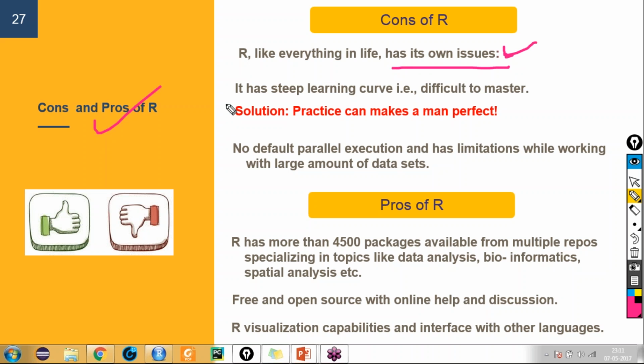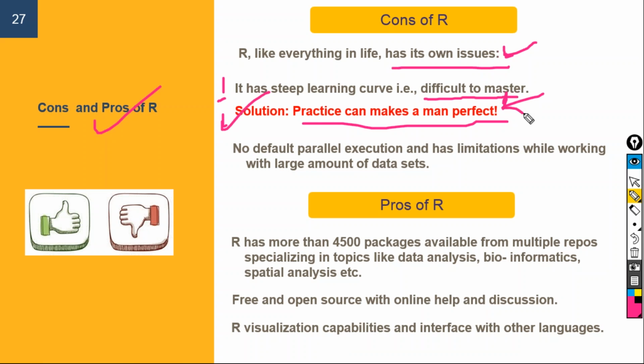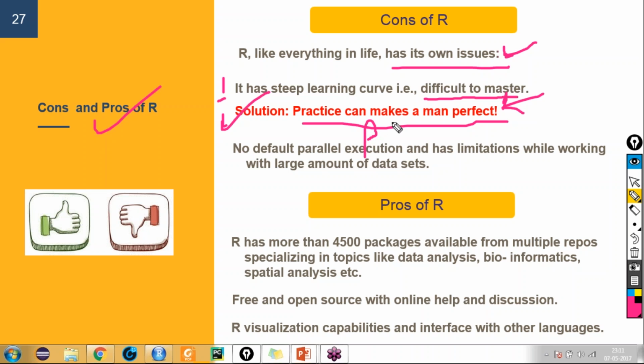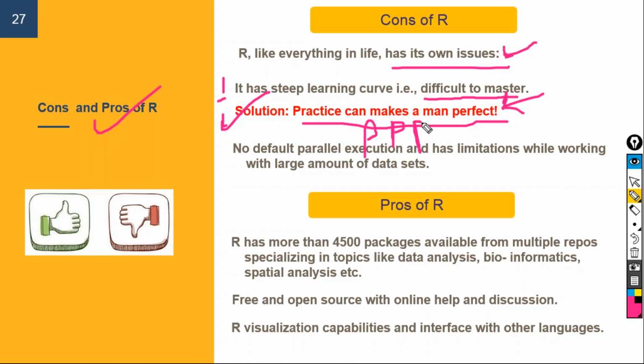In the same way, the first con is that R has a steep learning curve that is difficult to master. But here is the solution. What is that? Practice makes a man perfect, right? So what we need is practice, practice, and practice.